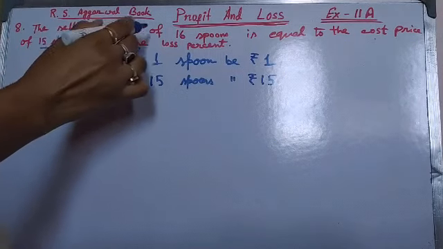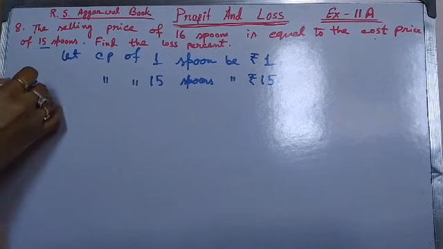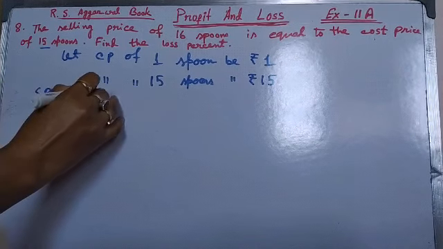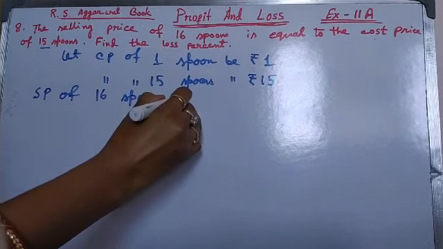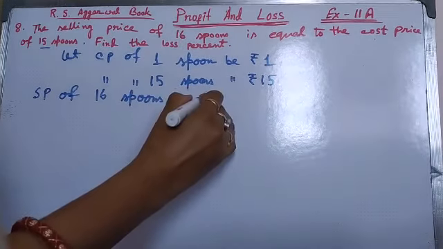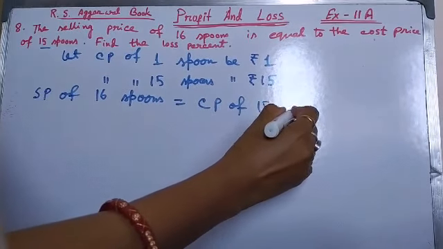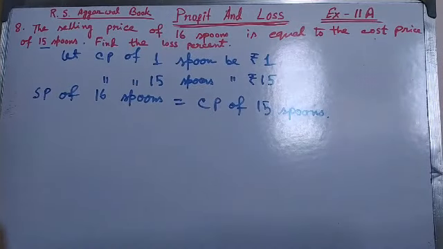So here the SP of 16 spoons is equal to the CP of 15 spoons.